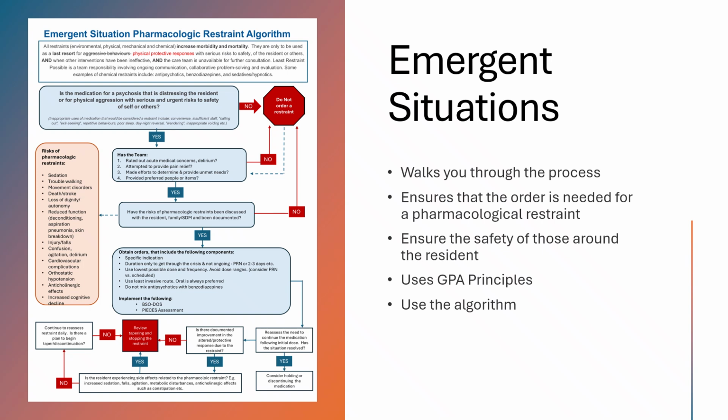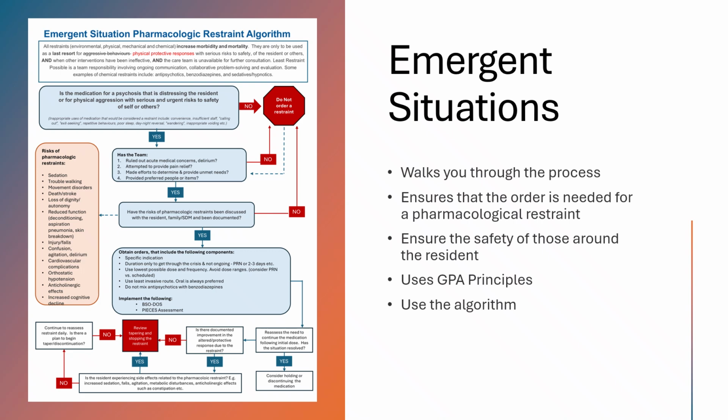So if the algorithm is a bit too much for you, you can just walk through the work standards. We will be putting all of these into a binder along with resources for you to use and go through and understand, as well as the actual least restraint policy will also be included in there.